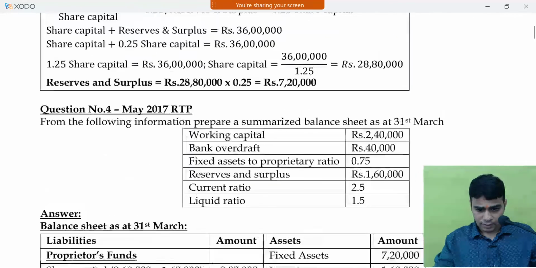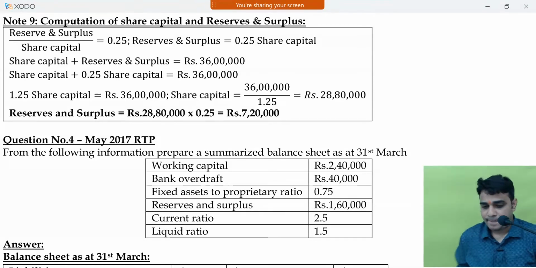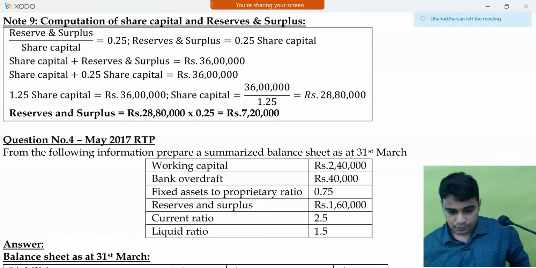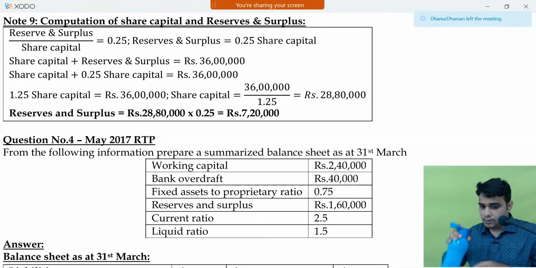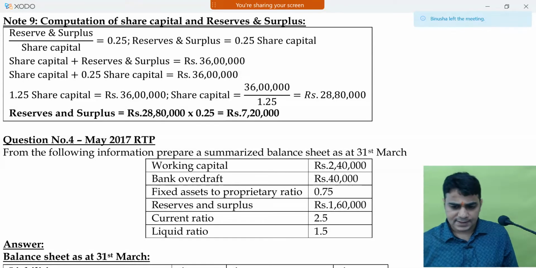Go through question 4. Tell me quickly current assets, current liability.